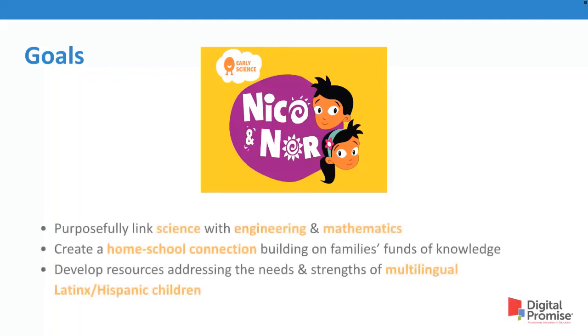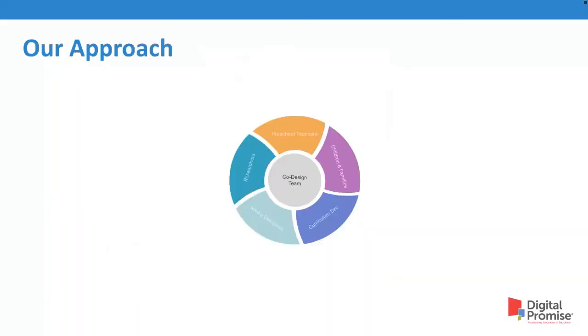The program is aligned to current preschool and elementary science frameworks. A collaborative team of public preschool teachers, families with young children, curriculum and media developers, and researchers co-designed activities and resources.